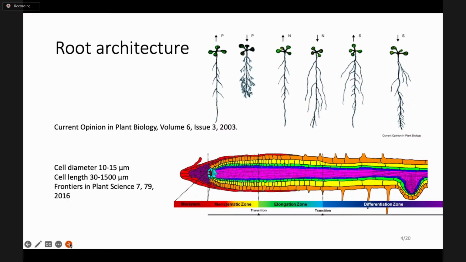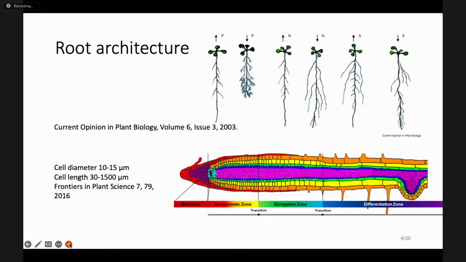And what we offer to this work was the possibility that we could determine nitrate at the cellular level in roots, and in a non-destructive way.